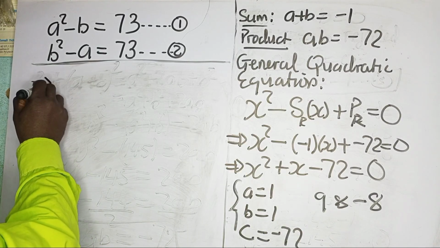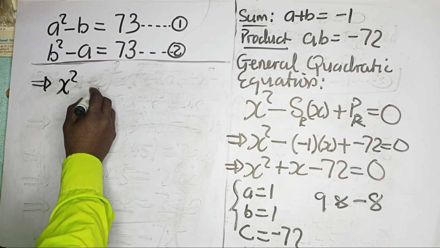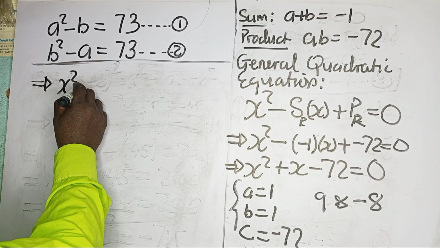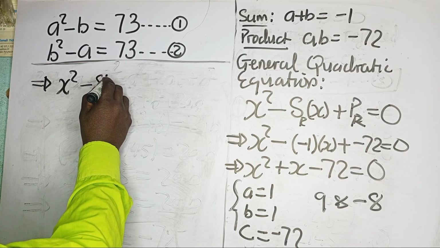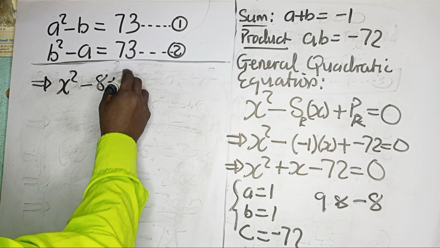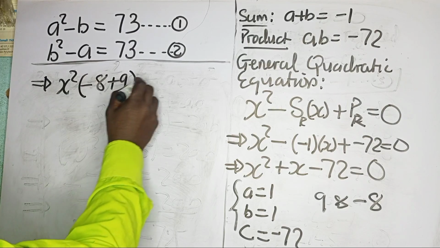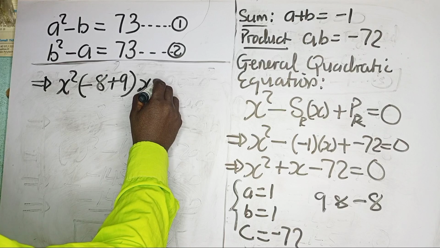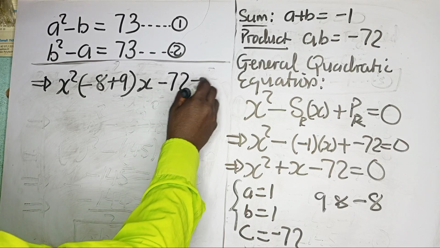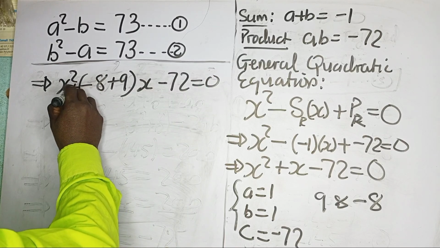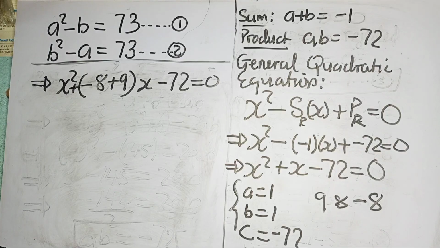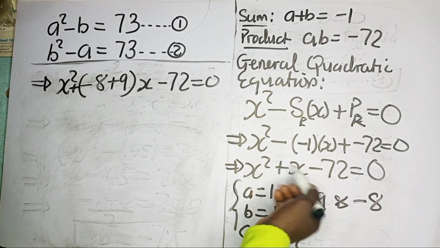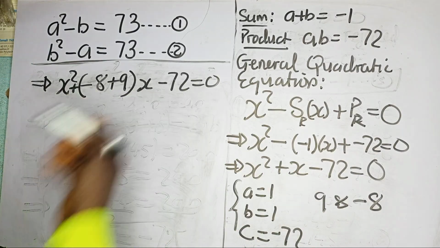So we're going to have x squared, minus 8 plus 9, x, and then minus 72 is equal to 0. Okay, so this quadratic equation is rewritten in this manner.